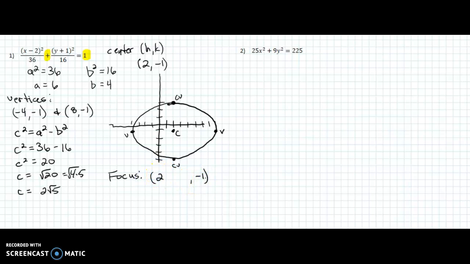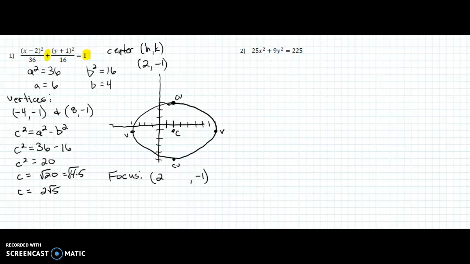And my focus is always going to go in the direction of the major axis, or the bigger value, the a value in this case. So I'm going to count over to the right 2 square root of 5 and to the left 2 square root of 5. Now that's a little confusing because what does that mean? Square root of 20 is somewhere in between 4 and 5, because square root of 16 is 4, and then square root of 25 is 5, so somewhere in between.